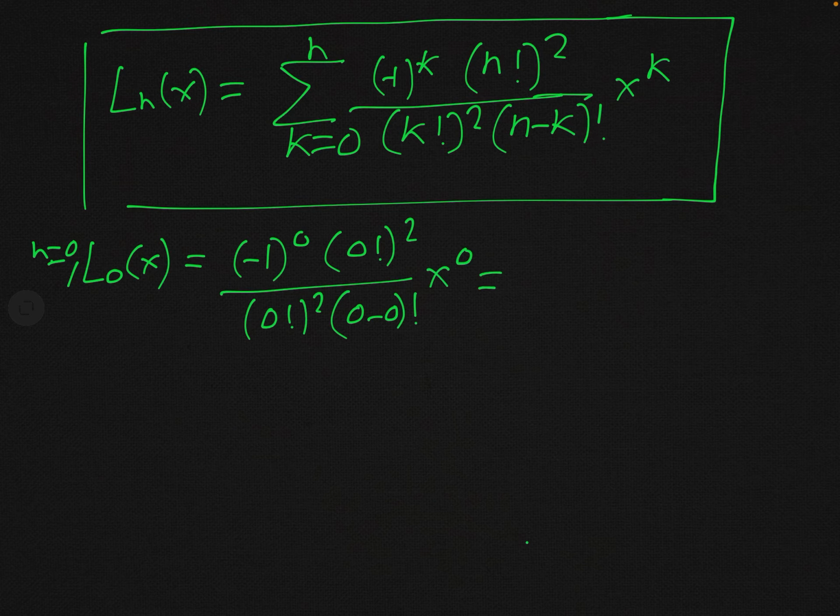You can see every term, that is minus 1 raised to the power 0 is 1, 0 factorial is 1, and x raised to the power 0 is also 1. So this result is simply 1.